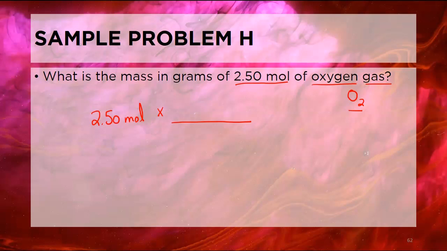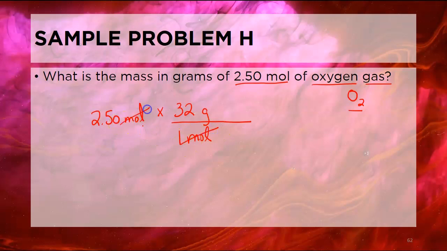Yeah, on the periodic table, right? So what's oxygen's molar mass? 16. And we have 2 of them. So we're going to take 32 grams per 1 mole. And this is for oxygen.